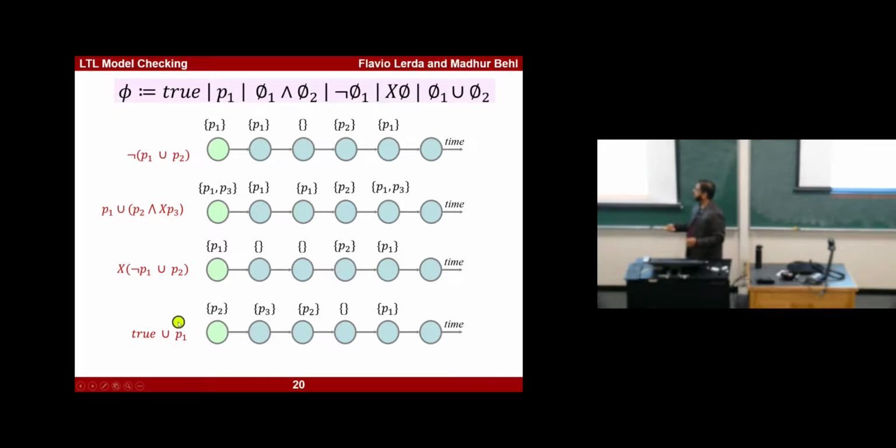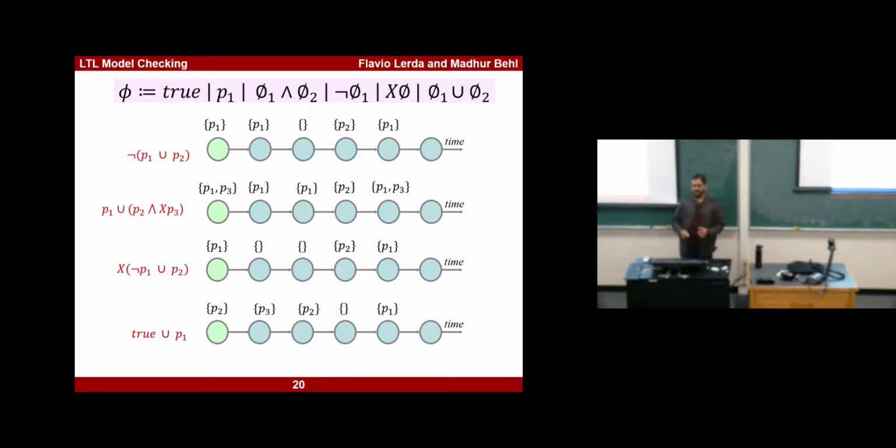And actually, I don't care what is true before that, or true is always satisfied at every location. So therefore, this trace satisfies true until P1. So an equivalent way to express the same thing is F P1, right? Eventually P1 should occur. If the trace satisfies true until P1, it will also satisfy eventually P1.